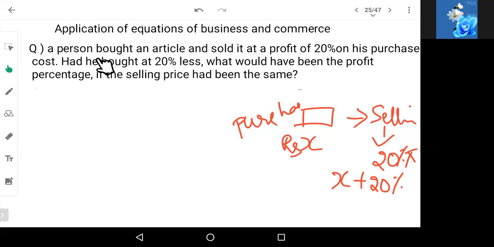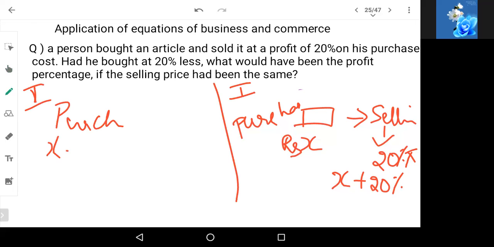Now the next sentence, had he bought at 20% less. This is scenario 1, now scenario 2: if at all his purchase price was 20% less, then in that case, what is the profit percentage?